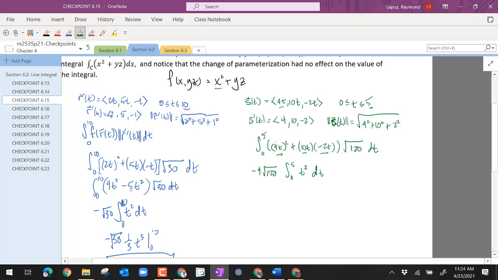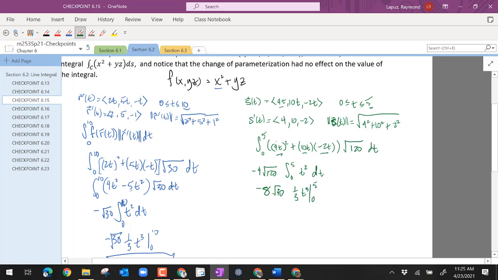This, I believe, we can take out a 4 from the root of 120, and we should get 30. And the 4 outside of the square root is 2, so that's negative 8 root 30. And this is 1/3 t cubed from 0 to 5.